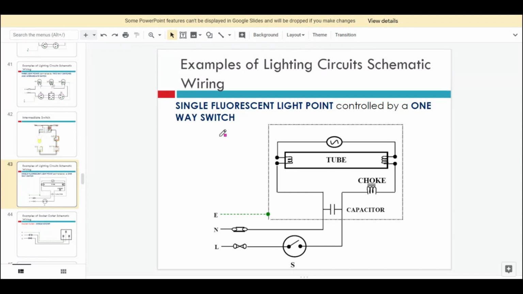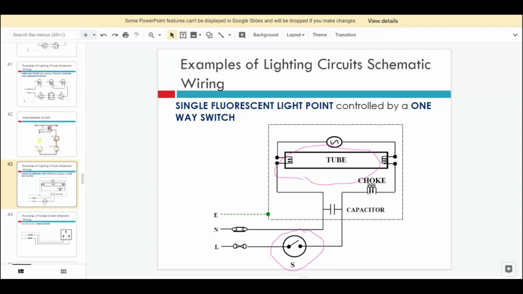This one is the single fluorescent light point controlled by a one-way switch. We have the fluorescent lamp here, controlled by a single one-way switch. Here we have a switch, and then the capacitor.